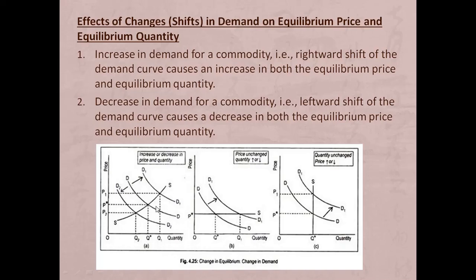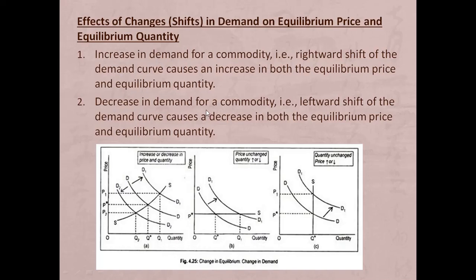Whenever there is an increase in demand, you can see that the equilibrium price has also increased because the demand is now shifting. With an increase in demand, the price also increases, as well as the quantity to be supplied. So the demand is increasing as well as the equilibrium price, in case of an increase in demand.